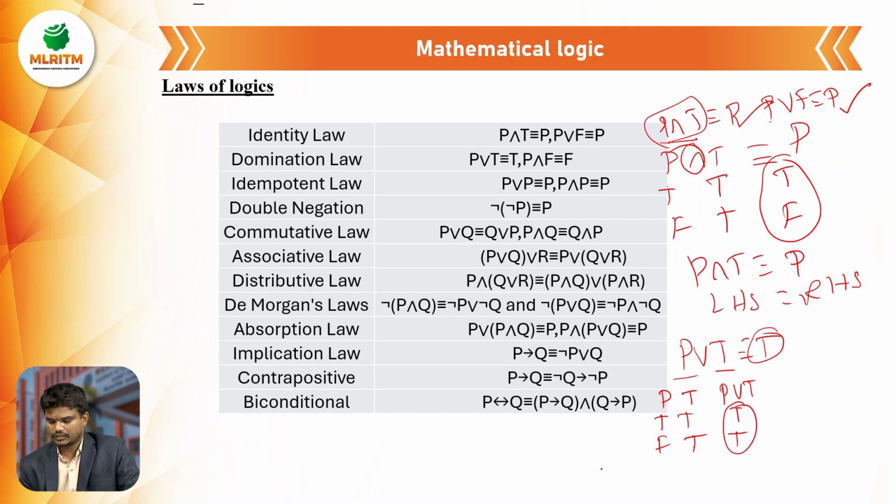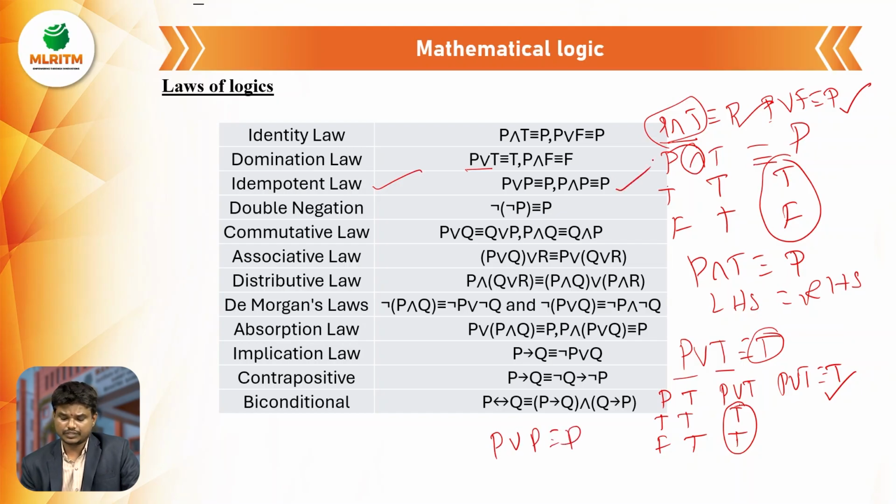So LHS equals true, true. So we can write P or T is equivalent to true. That is the domination law. P or T is equivalent to T, and P and F is equivalent to F. Next, the idempotent law, that is P or P is equivalent to P and P and P is equivalent to P.